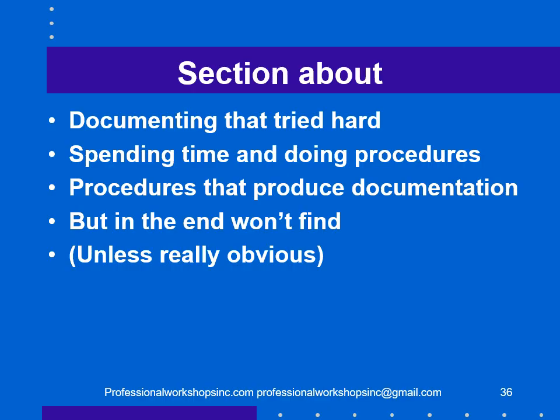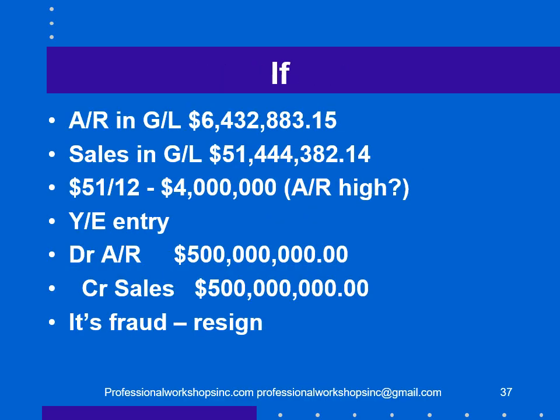Not sure that there is evidence of the absence of fraud, but we have to understand that in the end, most of the time we're not going to find it, unless it's really obvious. And these, I think, are the public situations where the auditor missed something, and everybody said, how could you have done that? It was really obvious.